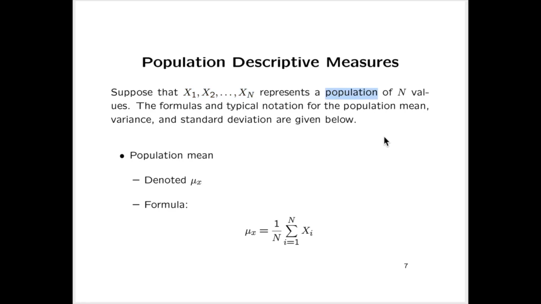It's very important that we distinguish between populations and samples in our thinking as well as in our notation. The formulas and typical notation for the population mean, the population variance, and the population standard deviation are given below and on subsequent slides.